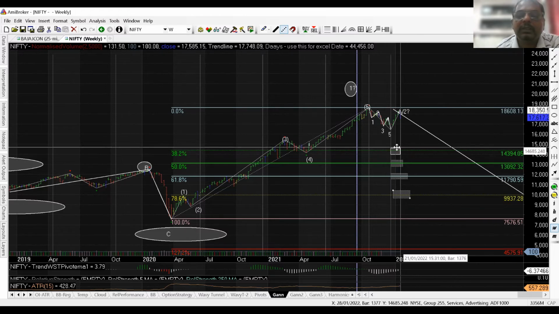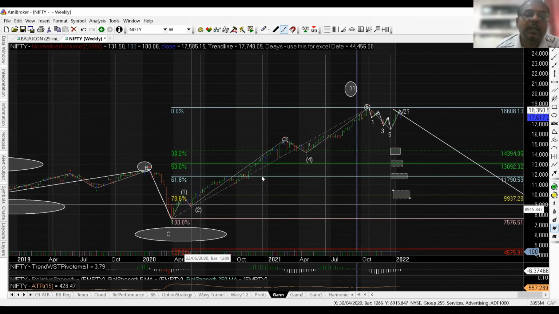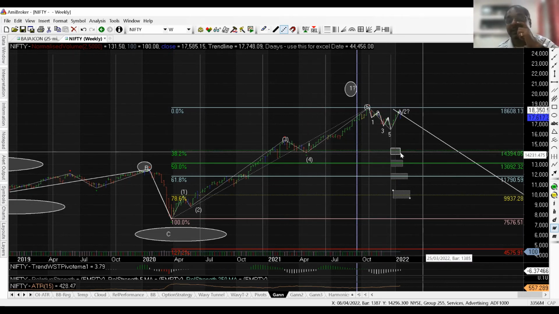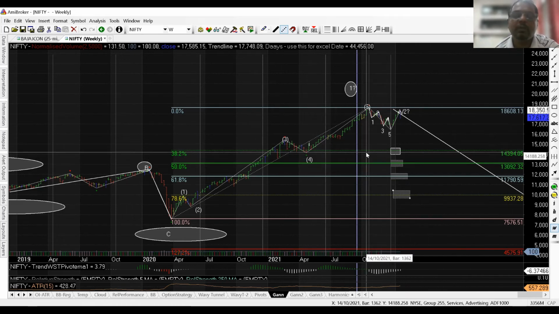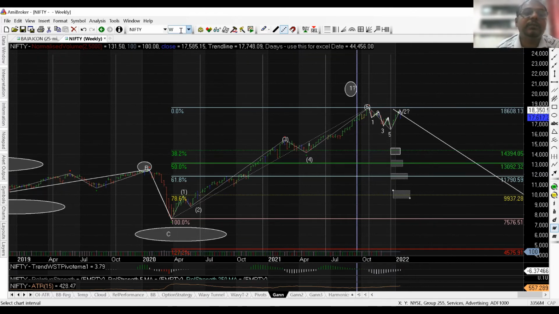I have drawn this with the darkest color because that is where my earlier wave 1-4 is. This is also another target. So I am expecting markets to come down to 14,400 levels. That is my expectation from the market on the weekly charts.